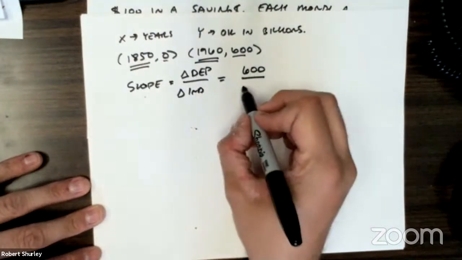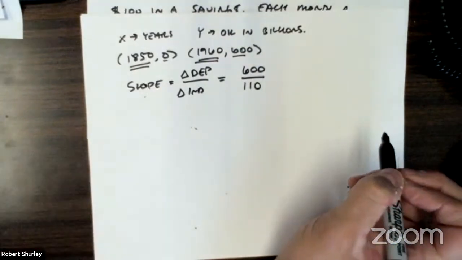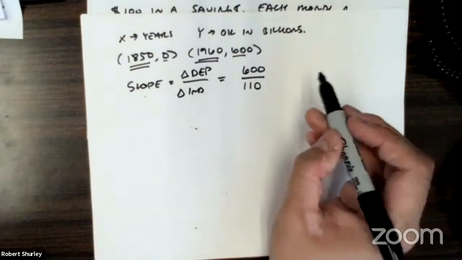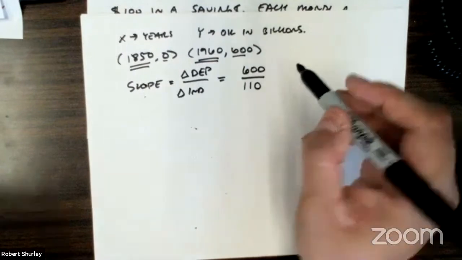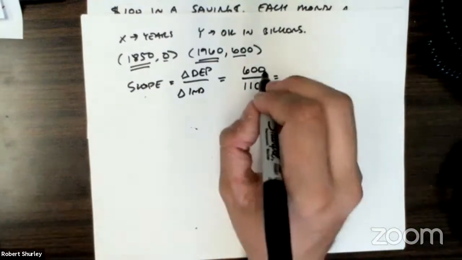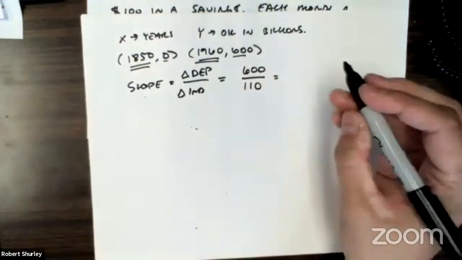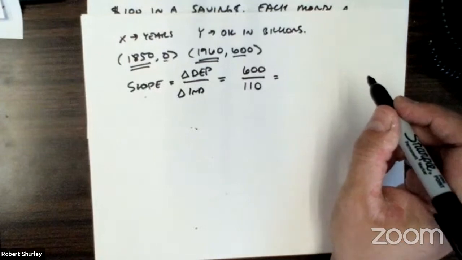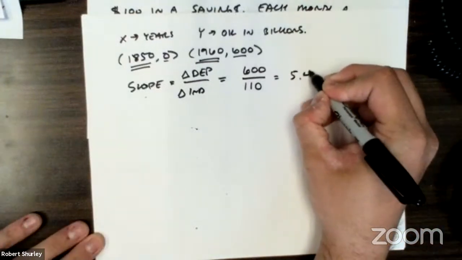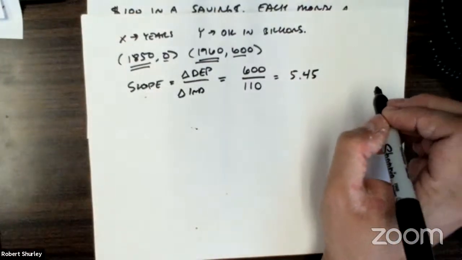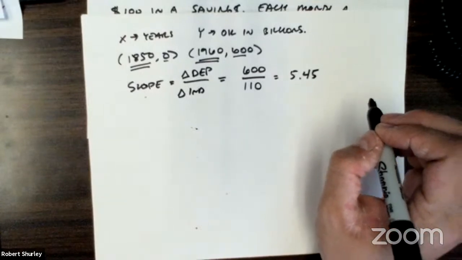That's 110 years. So this would be our slope: 600 divided by 110. I bet it is a nice number. Well, not really, but it's 5.45. That's going to be our slope.